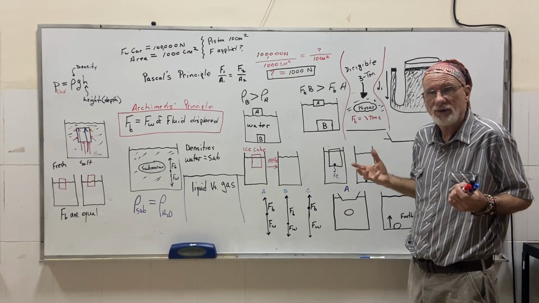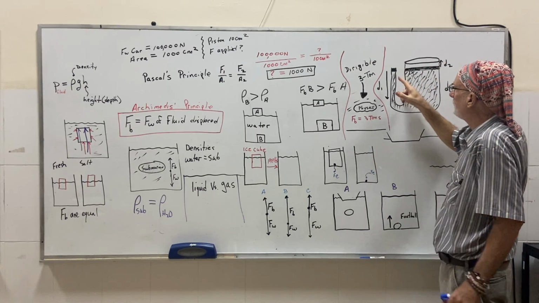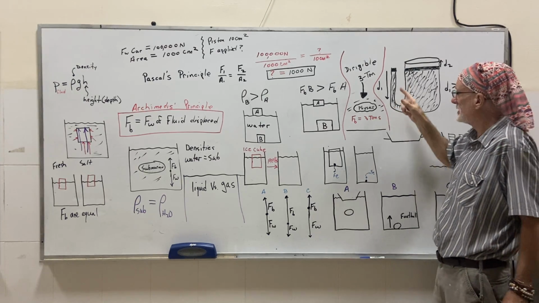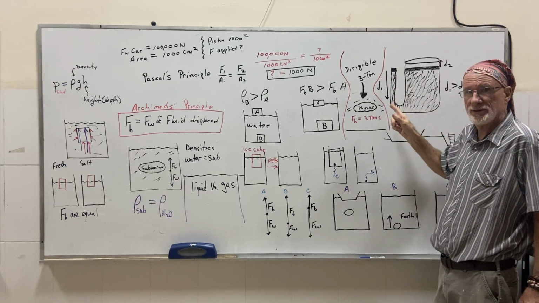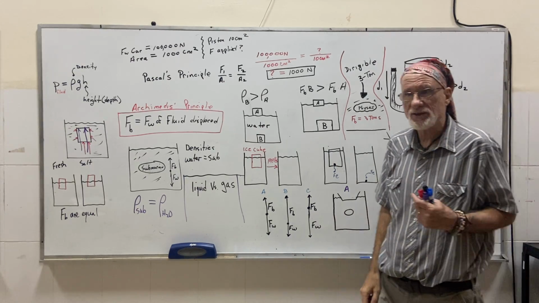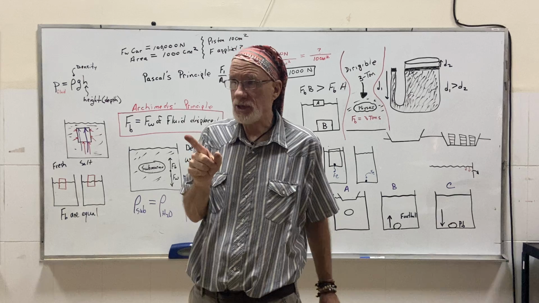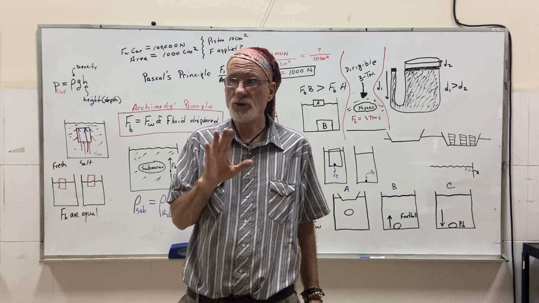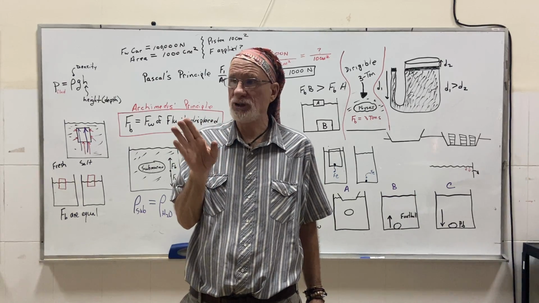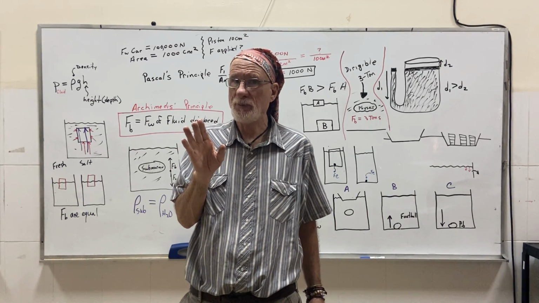The trade-off is you have an increased distance. See that? This is a very large distance. This is a very small distance. So D1 is much greater. Question on the test: what's the trade-off? It's like a simple machine.